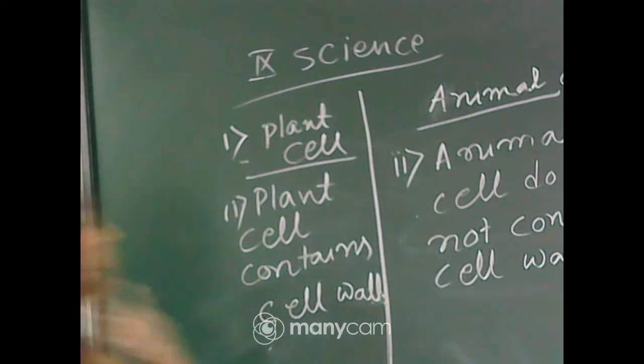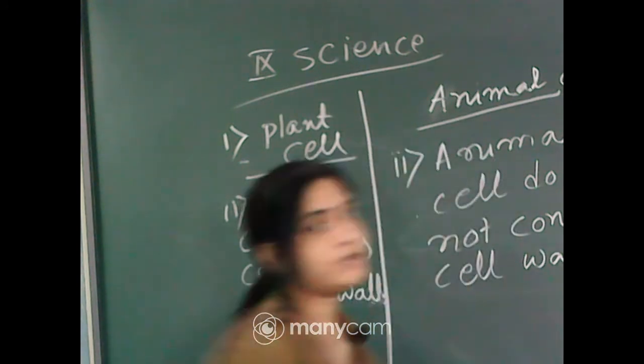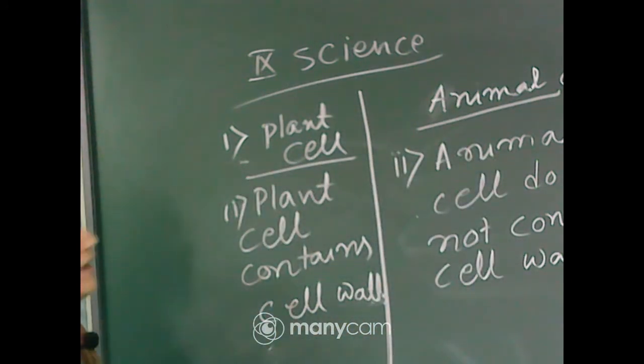Number third, plant cells contain plastids; animal cells do not have any type of plastid.